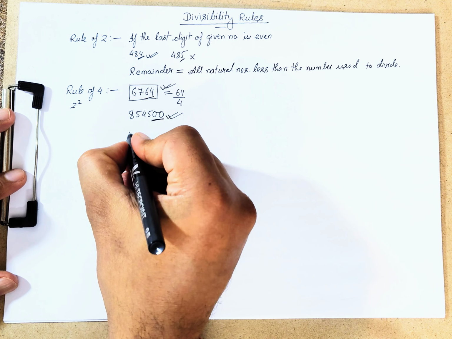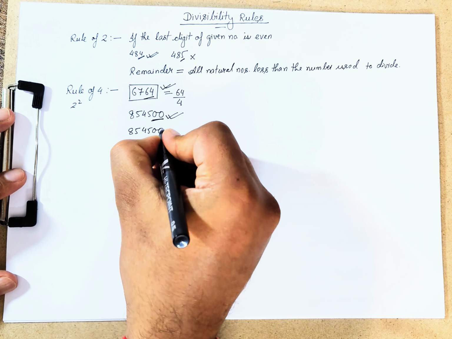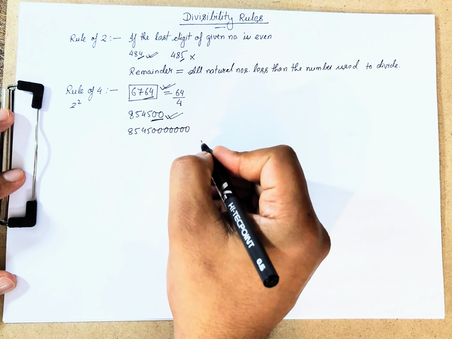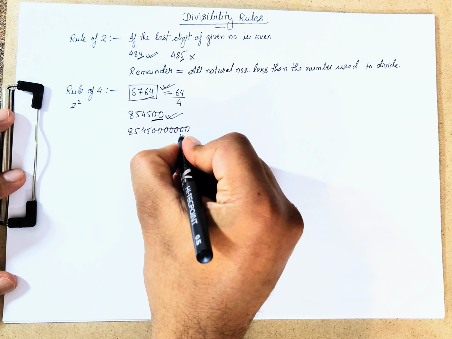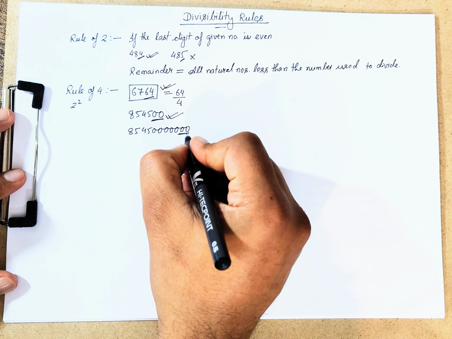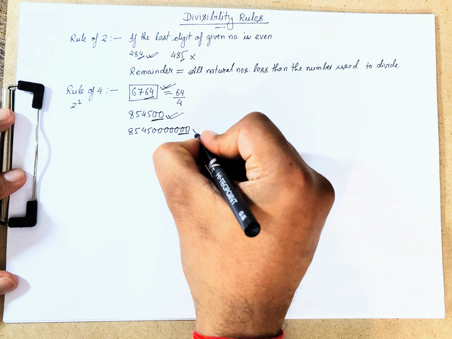Now let us take one more, a large number, 85450000000. Is this number completely divisible by 4? Again just see the last two digits. If the last two digits are divisible by 4, or if the last two digits are 0, the number is completely divisible by 4.